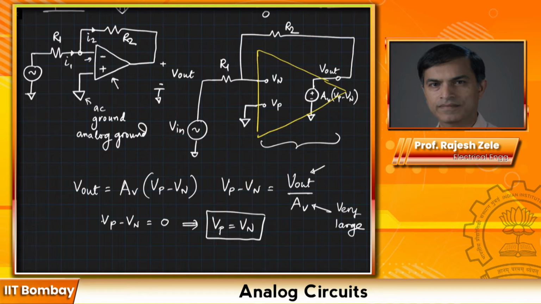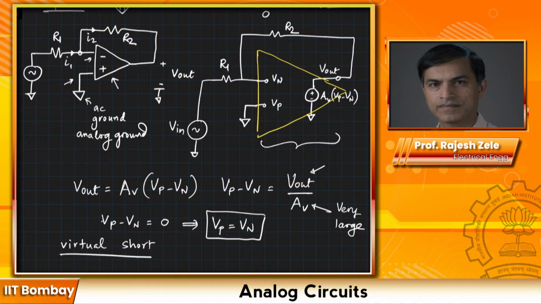Since this particular node is grounded, we also call that a virtual ground appearing on the other side. So there are two terminologies I'm going to tell: virtual short, because there is no physical short between Vp and Vn.